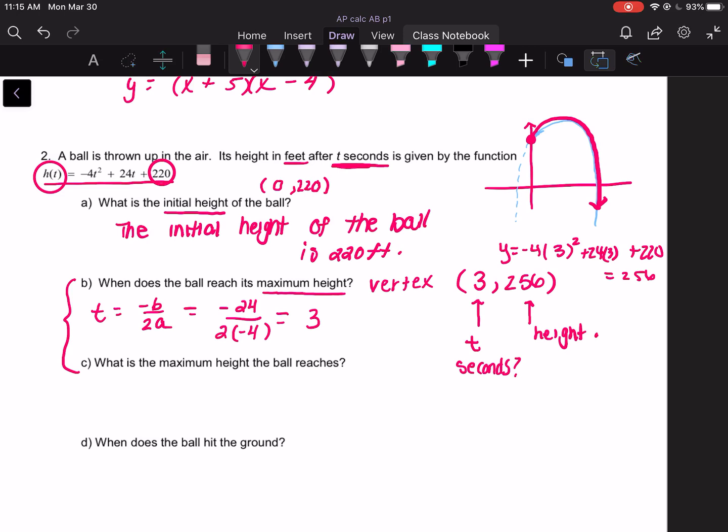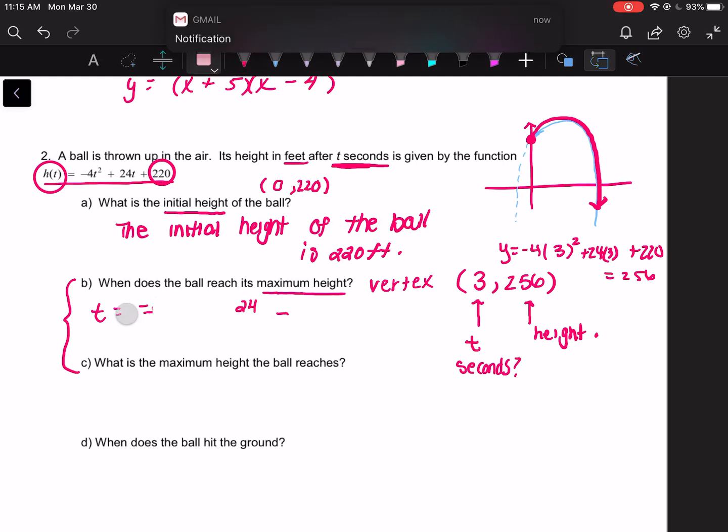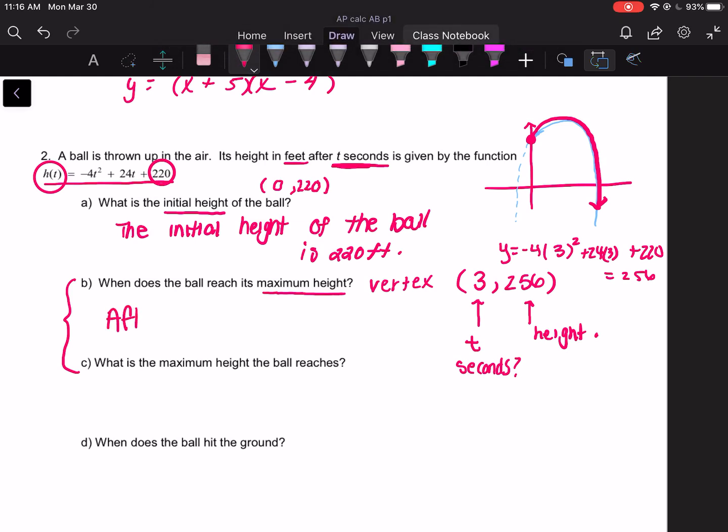So now answering part B and C makes it easier. You just look at the vertex and identify the part that answers the question. For part B, we got 3 for the x value of the vertex. That means it will reach the maximum after 3 seconds.